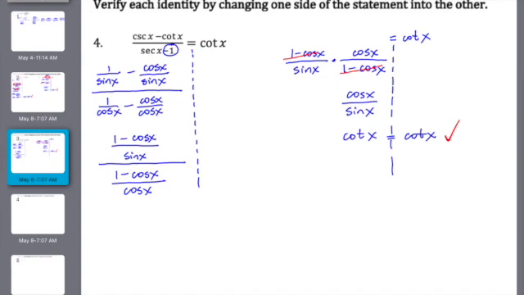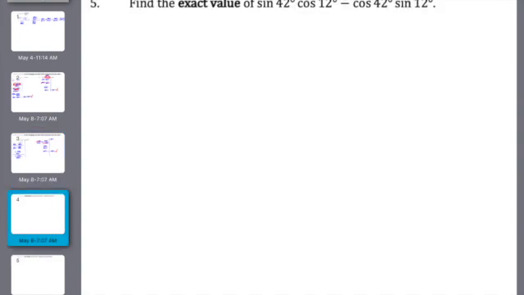Okay, so we're going to switch gears a little bit here. Number 5 says to find the exact value of sine 42 degrees cosine 12 degrees minus cosine 42 degrees sine 12 degrees. Hopefully you have your formula sheet filled out so you don't have to flip through your notes, but this is actually a difference formula.